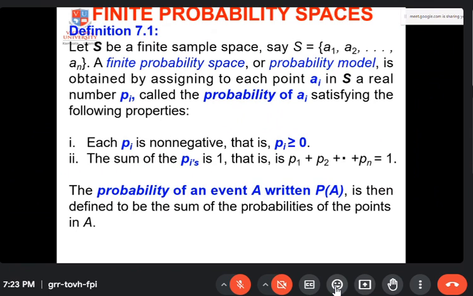That is the probability for the event when we have lectures. So that is what we mean, that the probability of an event, which we write as the probability of event A, is defined to be the sum of the probabilities of each of the points which are in that event. I don't know if it is clear.